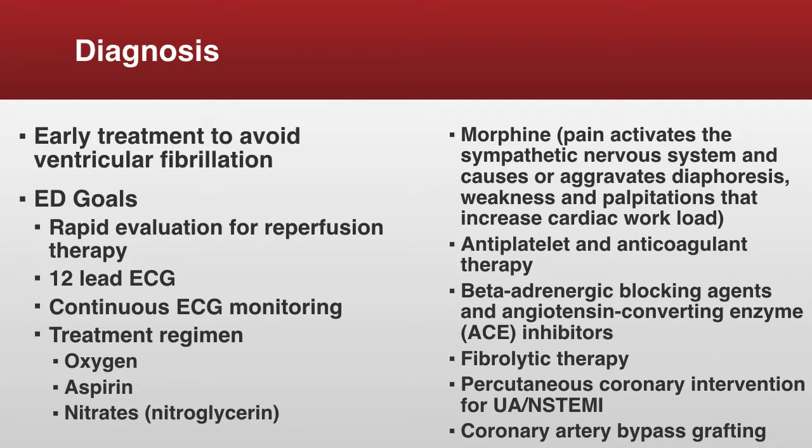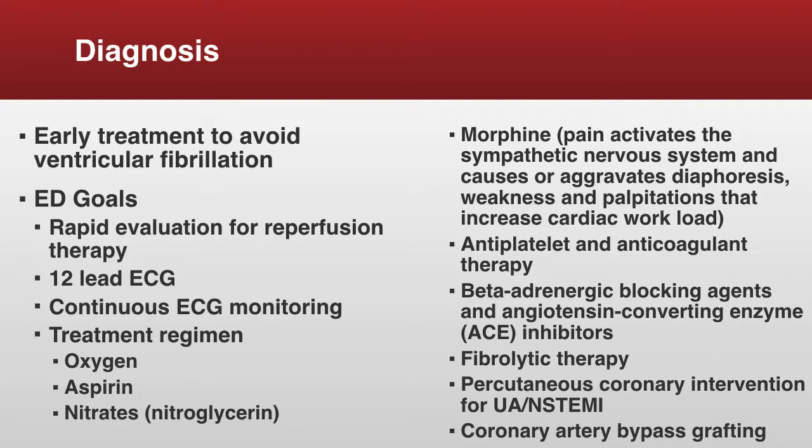Morphine went through a little phase where people kind of thought that maybe it wasn't as effective as what they thought. But the reason that we give morphine with an MI is that pain activates the sympathetic nervous system, and that causes or aggravates the diaphoresis, the weakness, and the palpitations, and that increases cardiac workload.